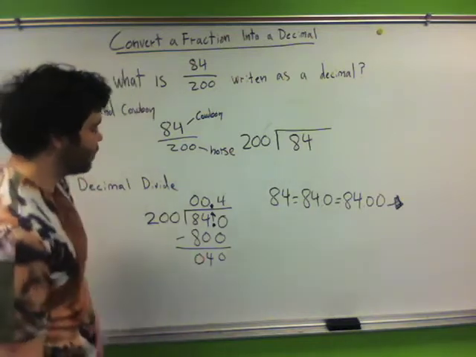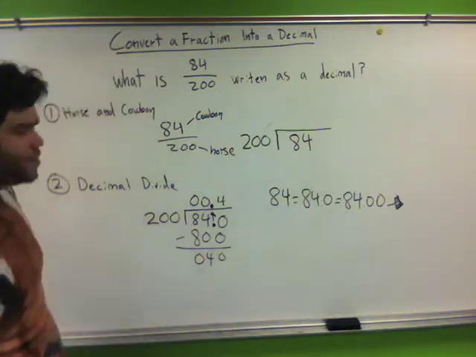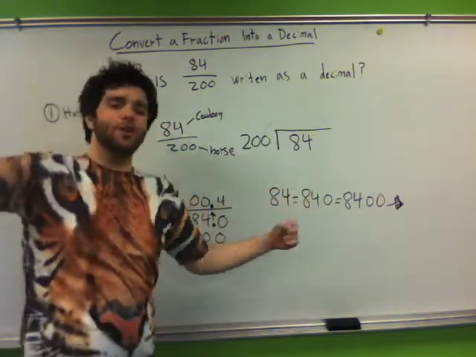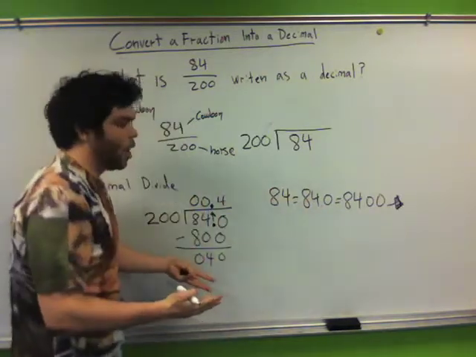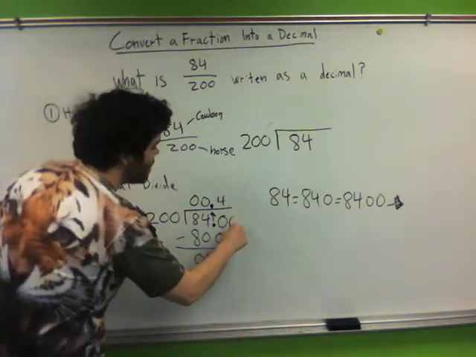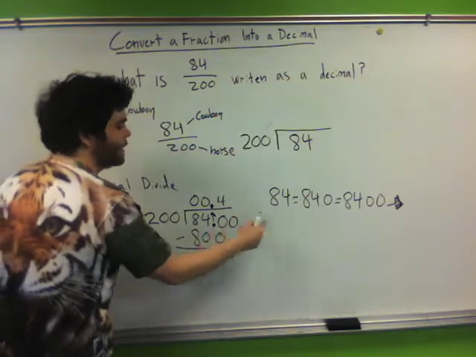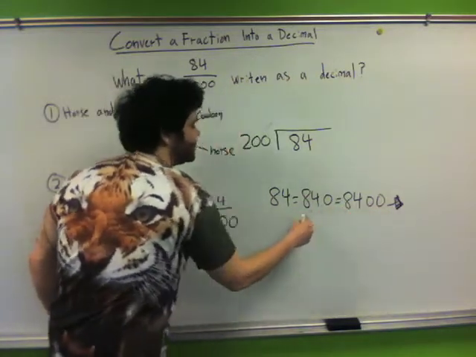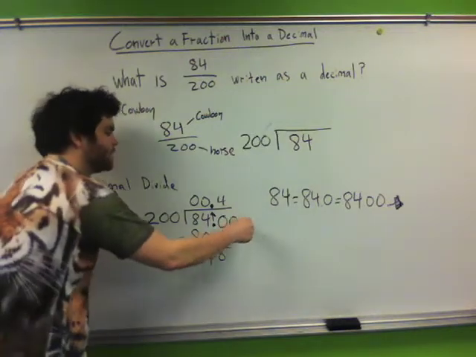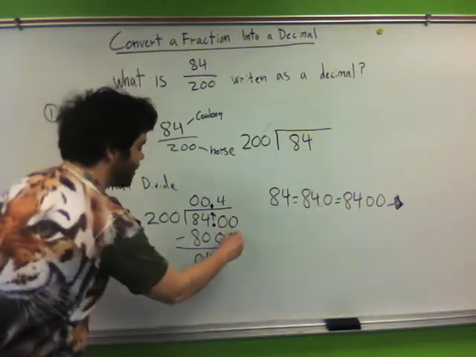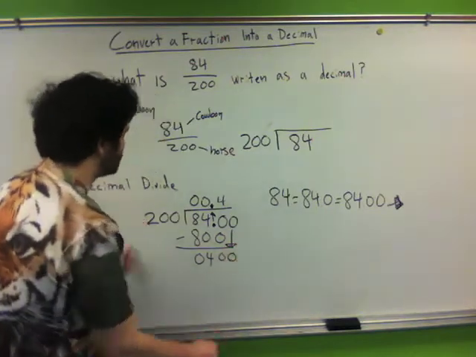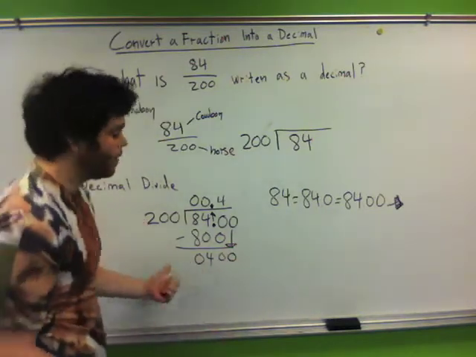So we've got 40. How many times does 200 go into 40? Well, again, 200 is huge. It can't fit into 40. Are we stuck? Are we done? No way. We can just add another 0 because 84.00 is just equal to 84. We haven't changed anything. We just get to throw this other 0 on there and we get to drop it down. How many times does 200 go into 400? Well, that's easy.